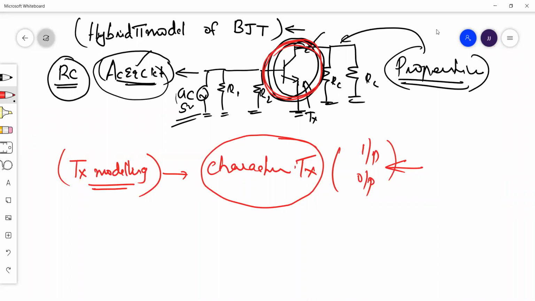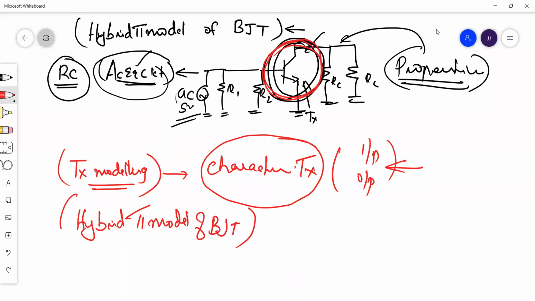But here, the transistor is characterized. So this transistor modeling is called the hybrid pi model of BJT. What is this hybrid pi model doing? It is characterizing the transistor directly.